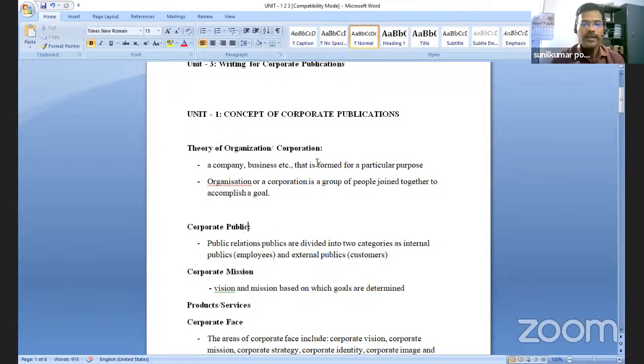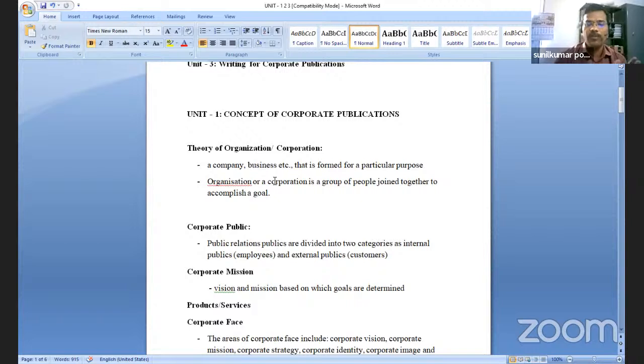For example, an industry may be productive or a service industry. Productive means it has a physical form. We see the mobile phone is a physical form, that's a product. And coming to services, for example life insurance or health insurance, there is no physical product, that is a service. So that is also one of the organizations.